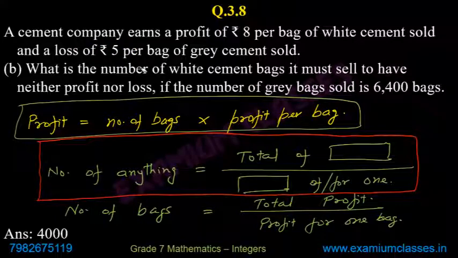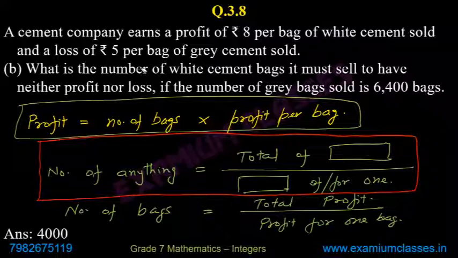Number of tiles will be total area divided by area of one tile. Number of cubes in a certain big cube: total volume divided by volume of one cube. Number of segments in a big line: total length divided by length of one segment.